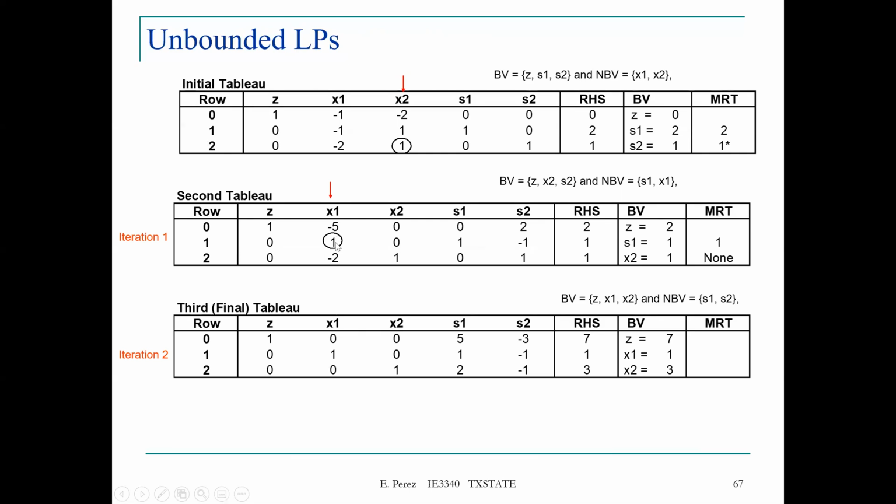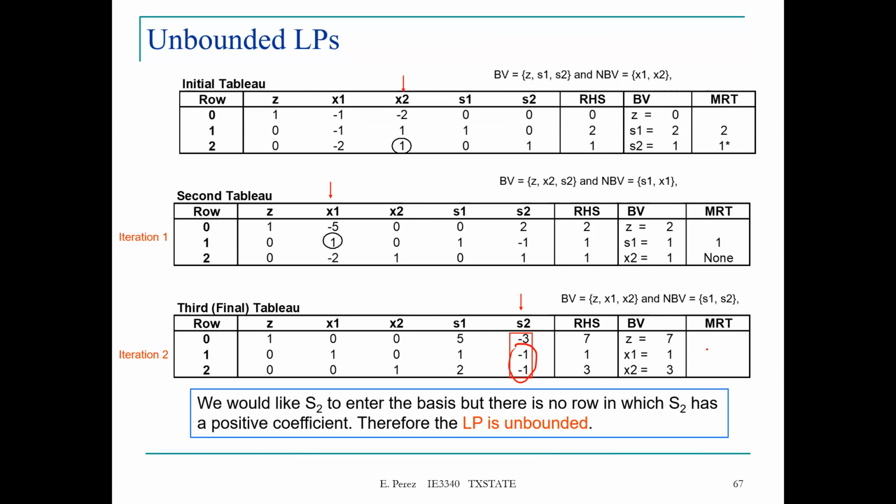In iteration 2, we find that S2 is negative, so negative 3 for X2, so S2 can enter. But when we perform the minimum ratio test, the coefficients for the columns are both negative, so the minimum ratio test will fail because we cannot have a minimum ratio that is negative. So what that means is we would like S2 to enter the basis, but there's no row in which S2 has a positive coefficient. Therefore, the LP is unbounded.